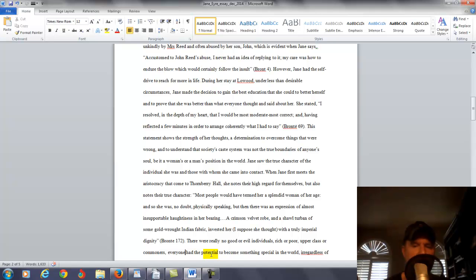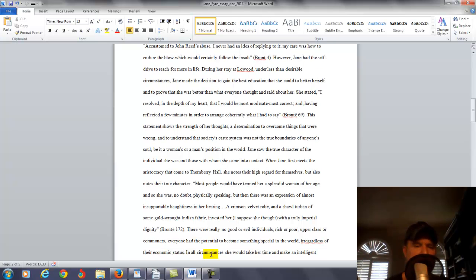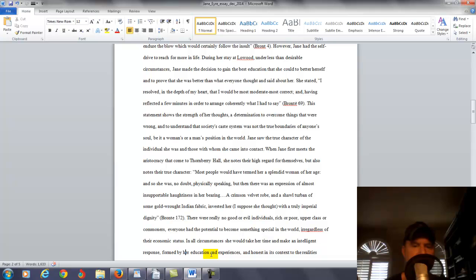There were really no good or evil individuals, rich or poor, upper class or commoners. Put a semicolon here. Everyone had the potential to become something special in the world. Just say regardless. Believe it or not, irregardless is not a word.